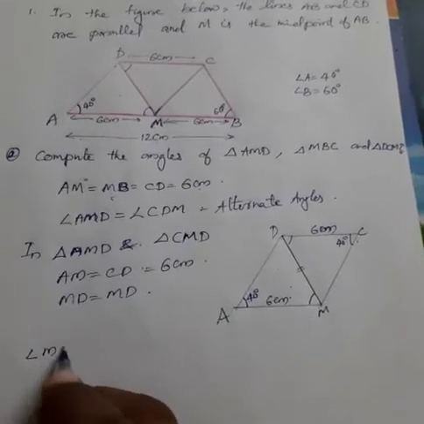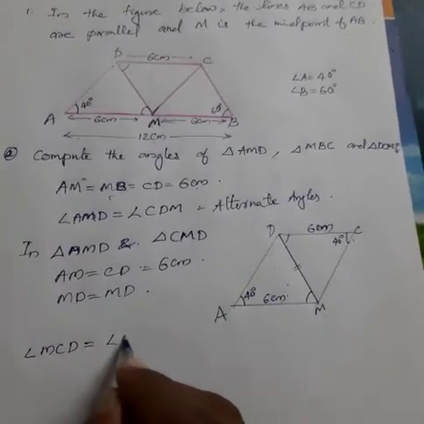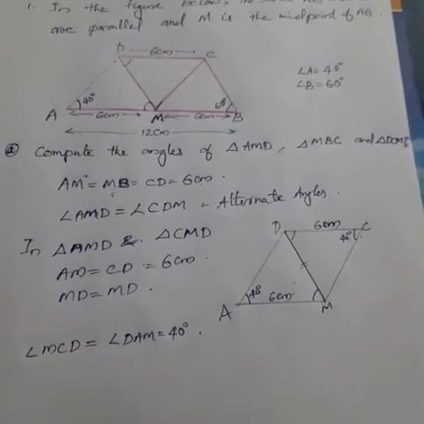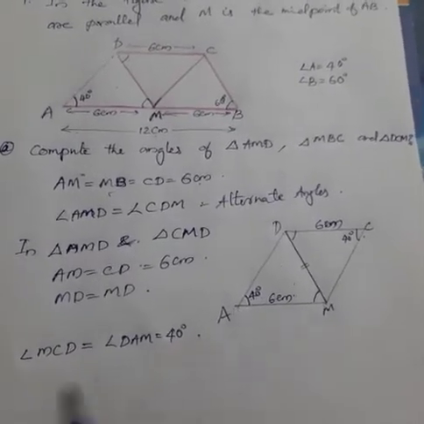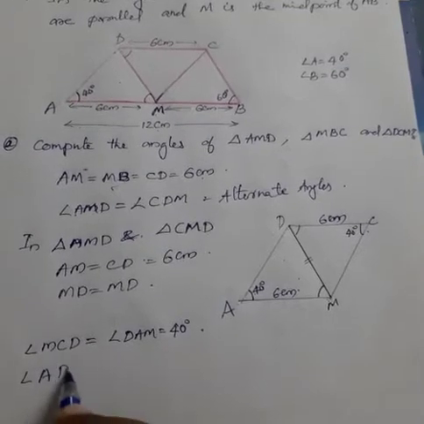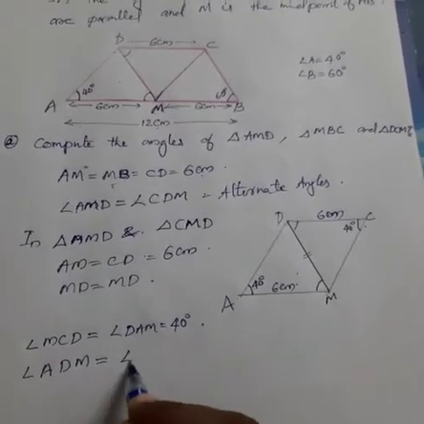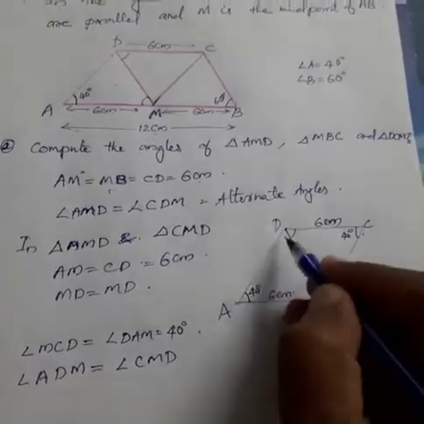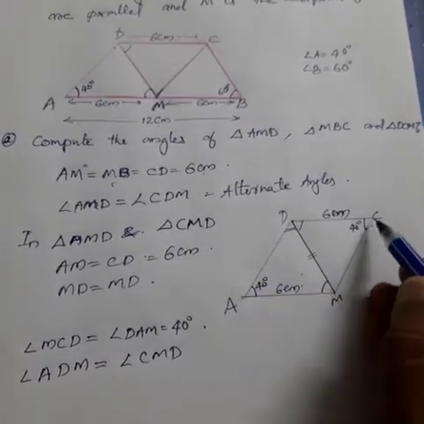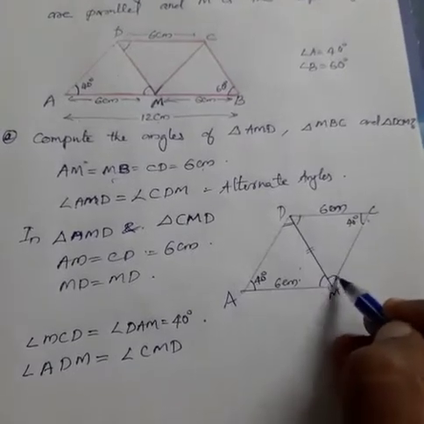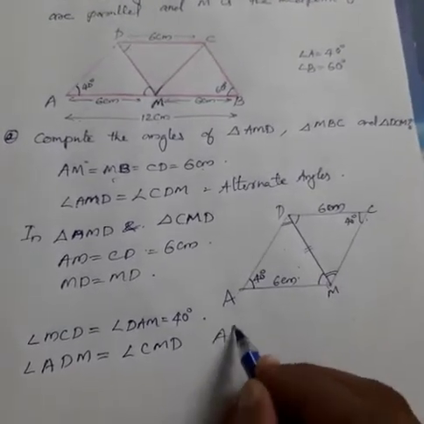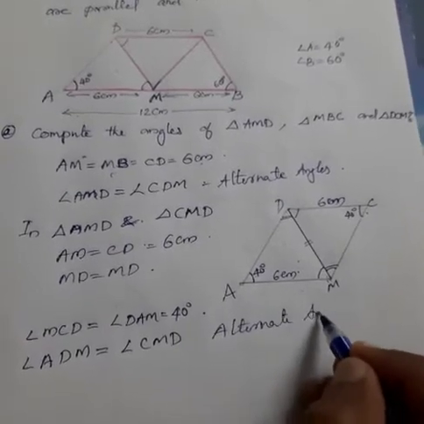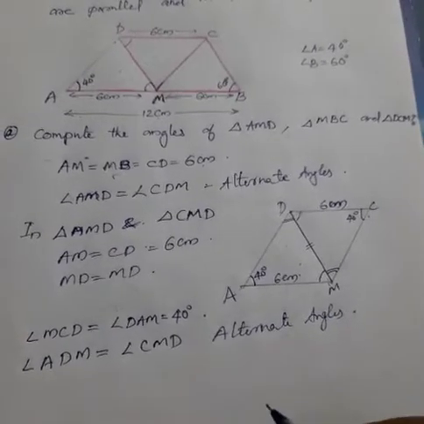So angle MCD is equal to angle DAM is equal to 40 degrees. Then angle ADM is equal to angle CMD. ADM, this angle, and CMD, these are also which type of angle? That is alternate angles.